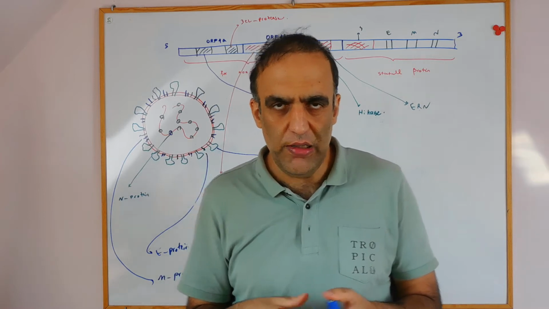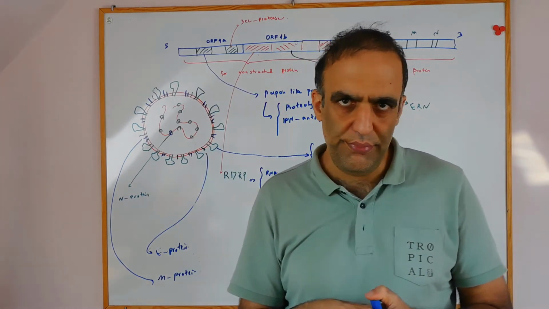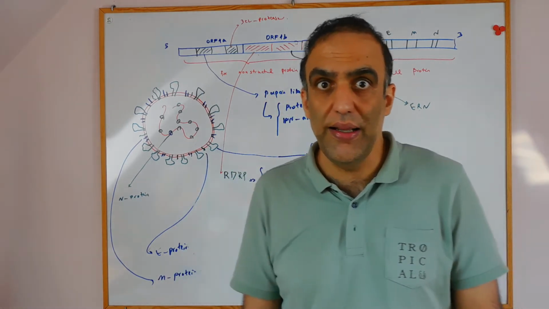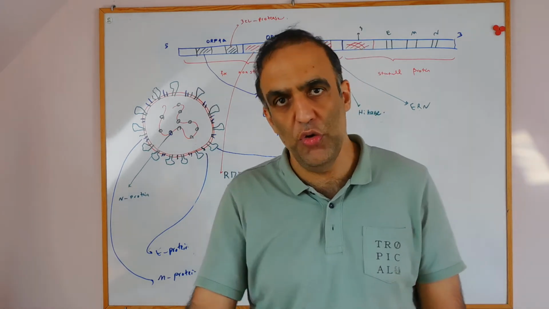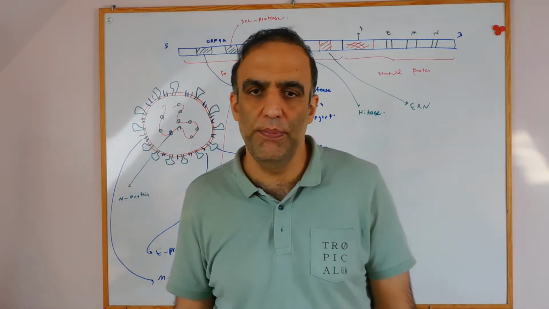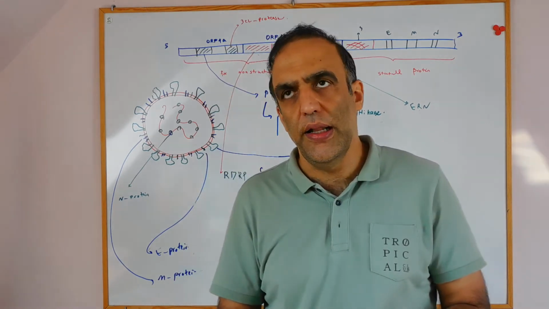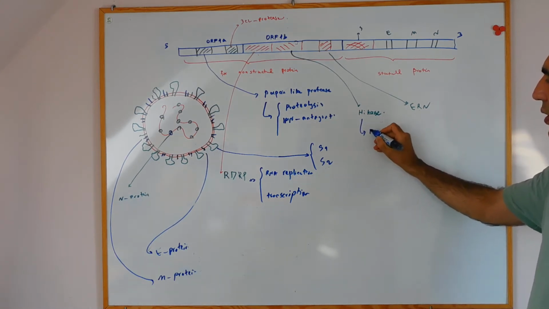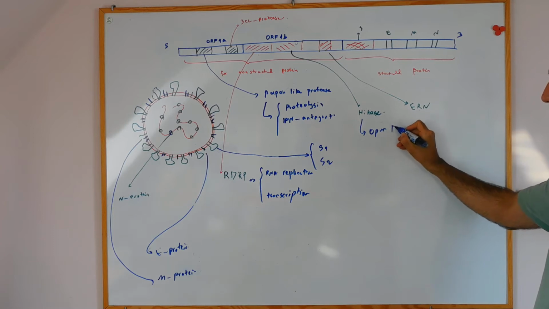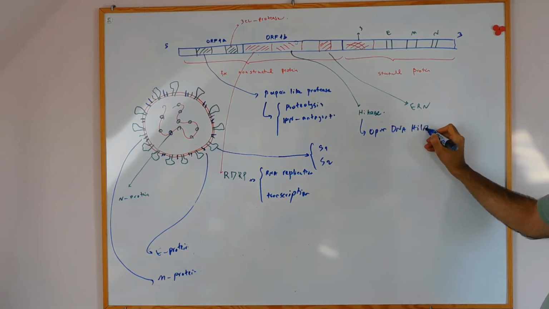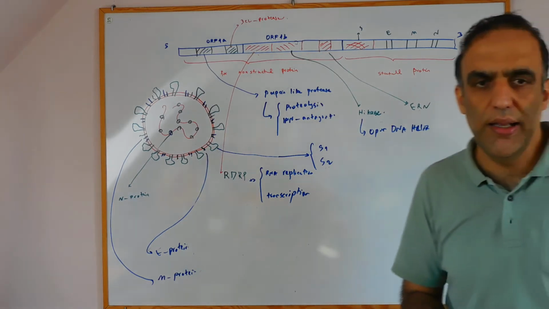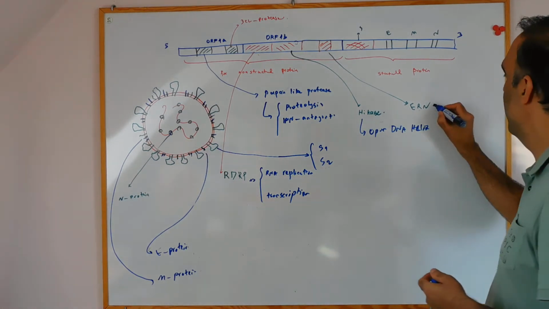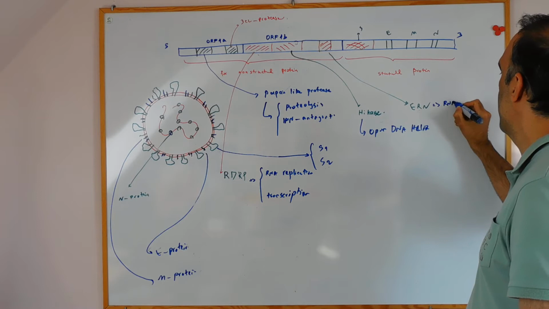And if we want to do transcription, we need a helicase to open the double strand, because we can copy the genome from it. It's very important. And the last one, endoribonuclease, which also helps with RNA replication.